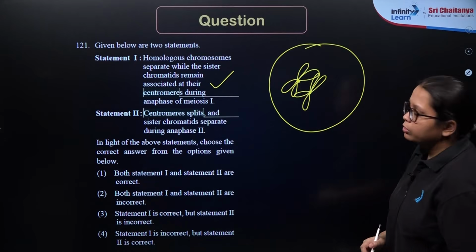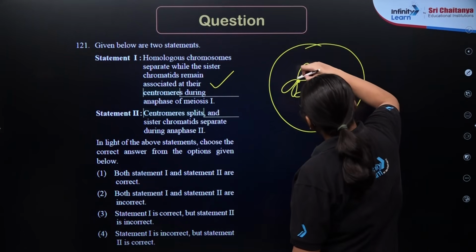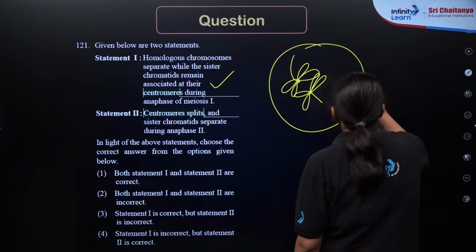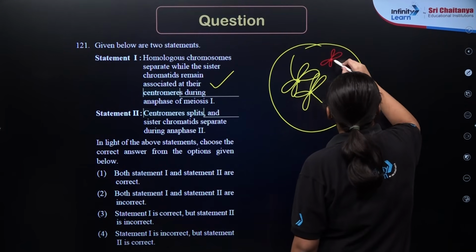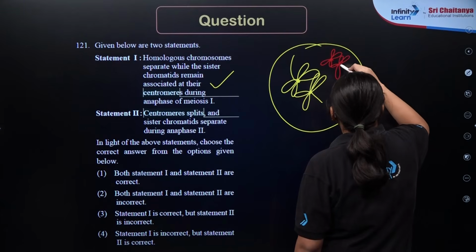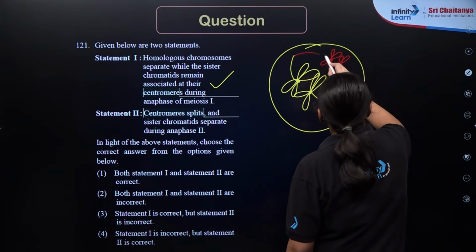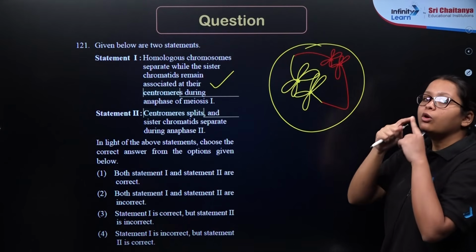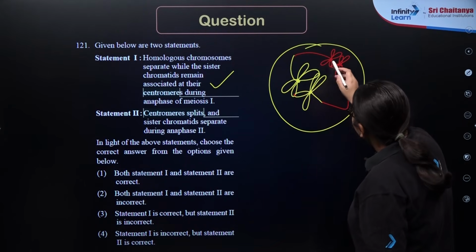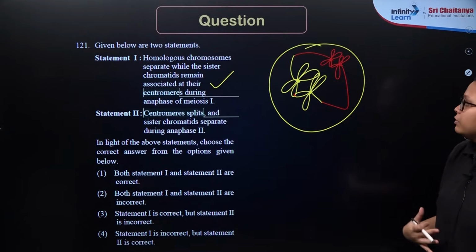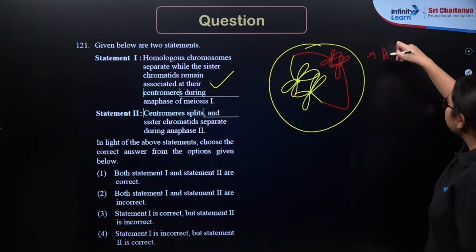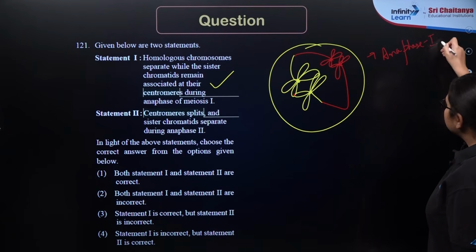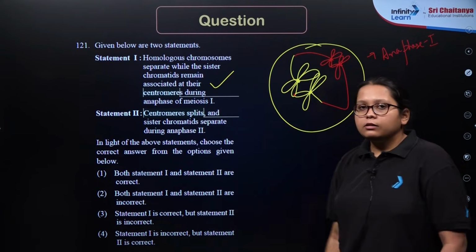This is your one homologous chromosome, okay. So this will separate. I'll draw another pair for your understanding. These two homologous chromosomes, which are still joined at the point of recombination, will separate first in the anaphase 1 of meiosis 1, okay. So this is correct. Second is centromere.